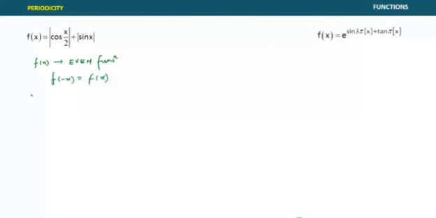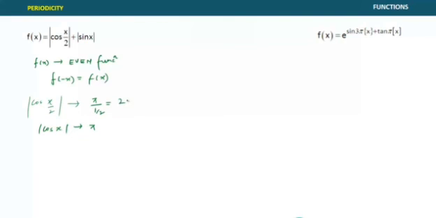What is the period of this? Can you tell me? How do you calculate this? We know that the period of modulus cos x is pi. Now instead of x, your input is x by 2, so it will become x upon 1 by 2.